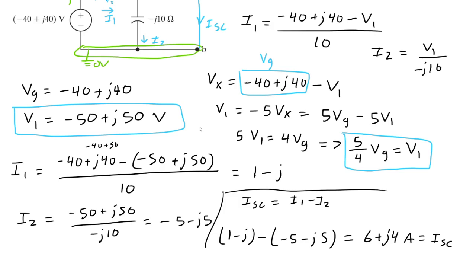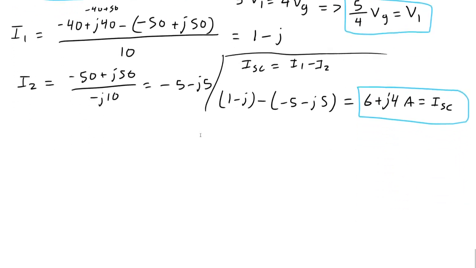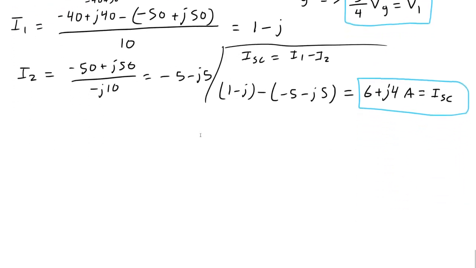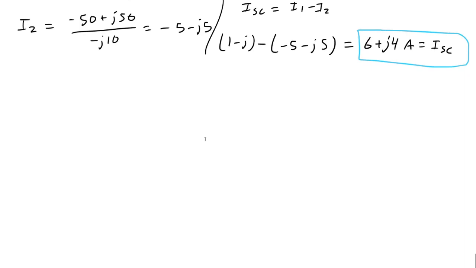Okay, so we've got half of what we need to find the Norton equivalent circuit. Now we need to find the Norton impedance. So what we're going to do here is find the Thevenin equivalent, the open circuit voltage, I guess.